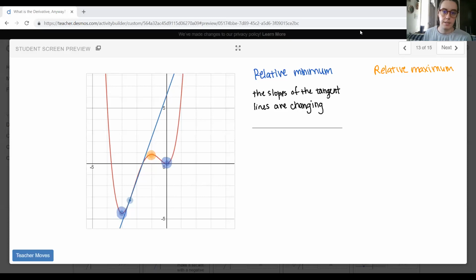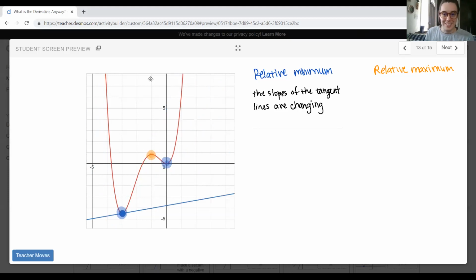Okay, so let's write some of this down. We can see that the slopes are clearly changing. Right? It's not the same slope at all. It's definitely a steep negative. It's getting less negative. It hits 0, then it's a small positive, and then it becomes like a large positive. So it's becoming less negative and more positive. Okay.